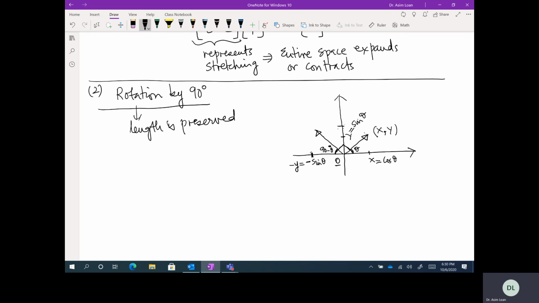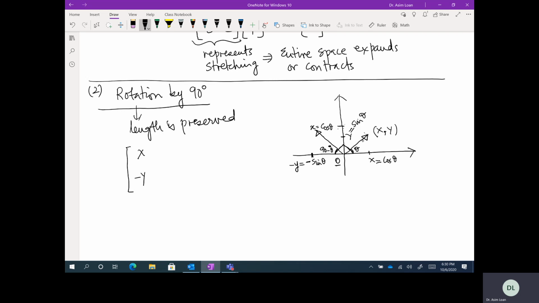And obviously this one is sine of 90 minus theta, which is cosine theta, or x. So the resultant vector is (minus y, x).